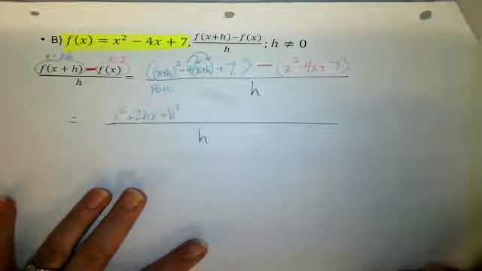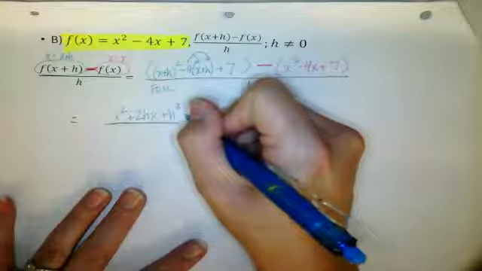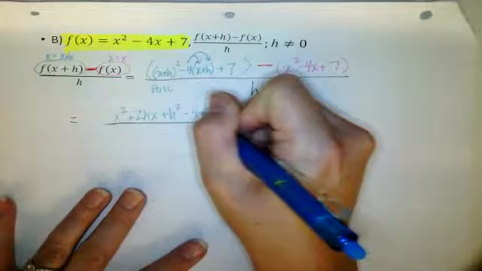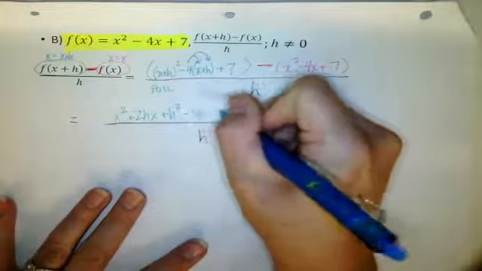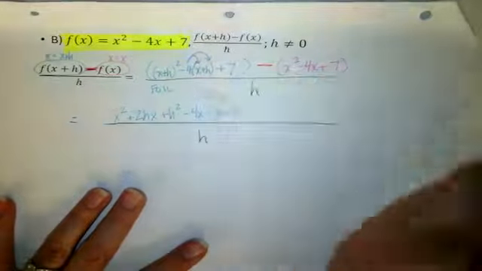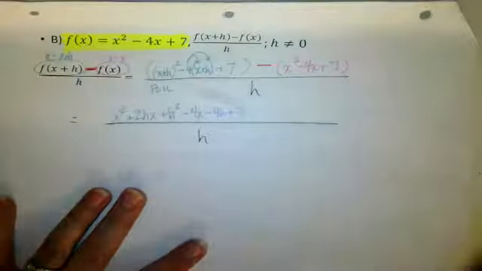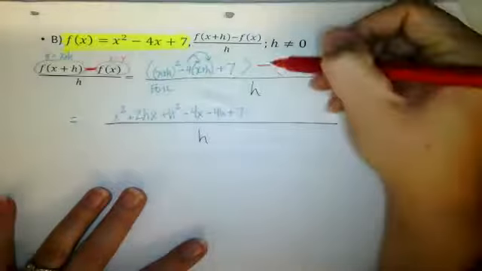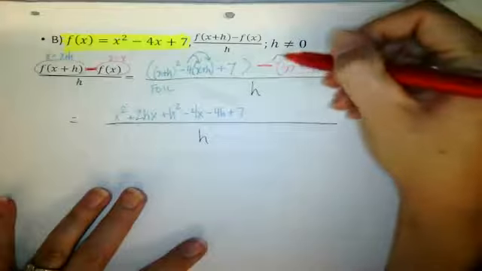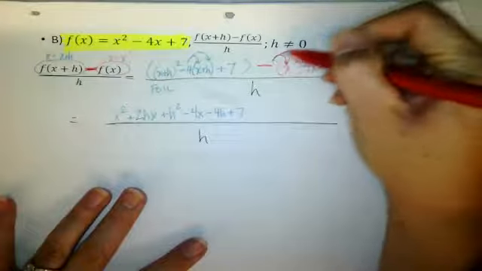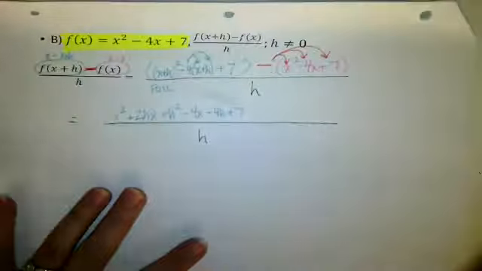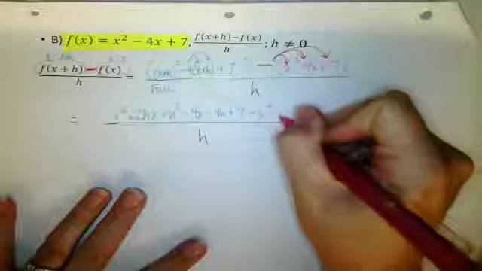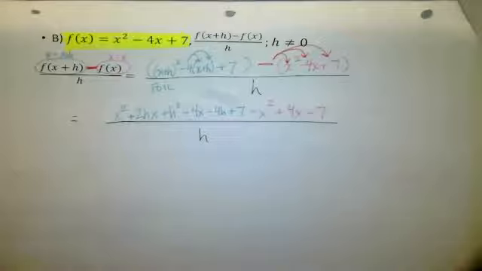What do I get when I distribute the negative 4? Negative 4x minus 4h, good. Plus the 7. And then, what do I need to do with this negative? Distribute it, yeah. All right, so I'm going to distribute it. That's going to give me negative x squared plus 4x minus 7. This one's actually easier.